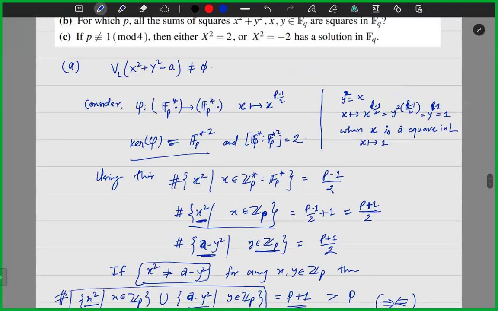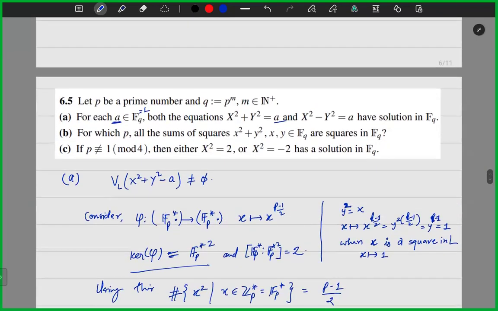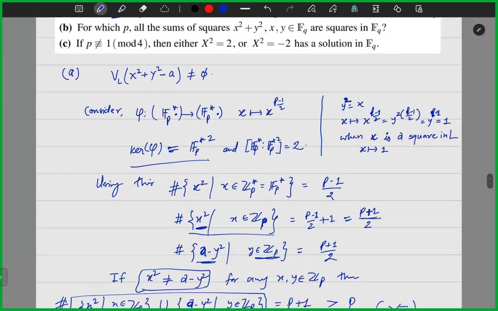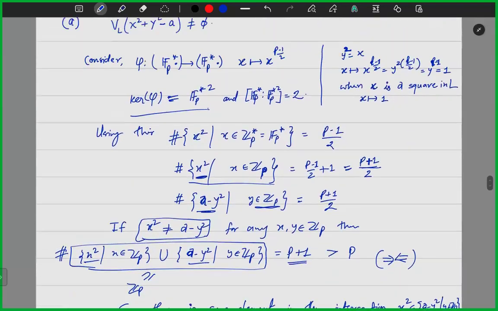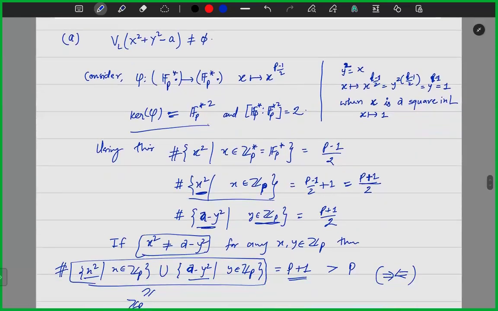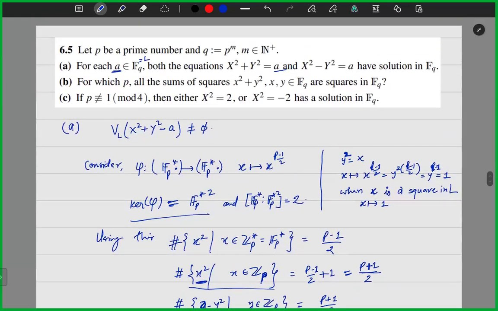And the proof here, oh, sorry. Here we use, this is true if p is not equal to 2.